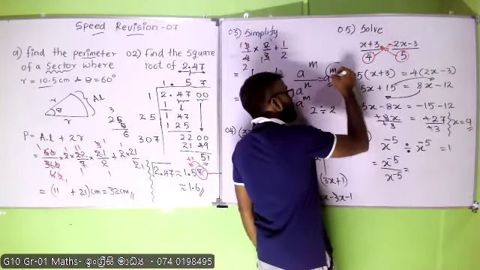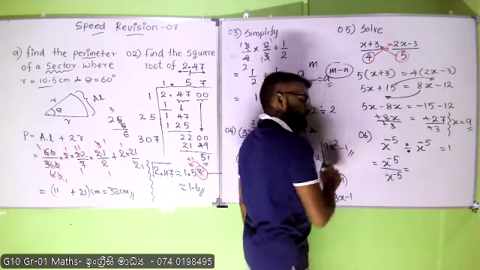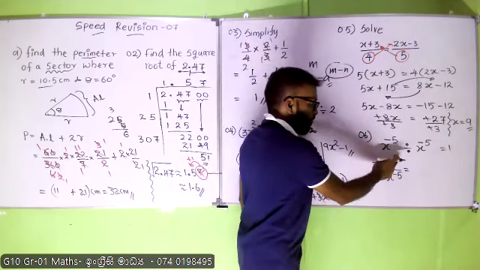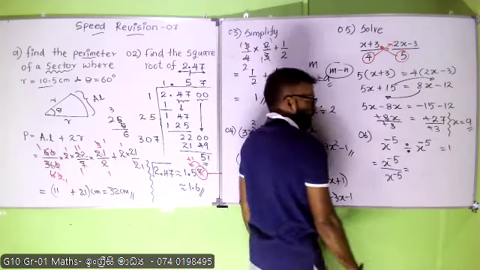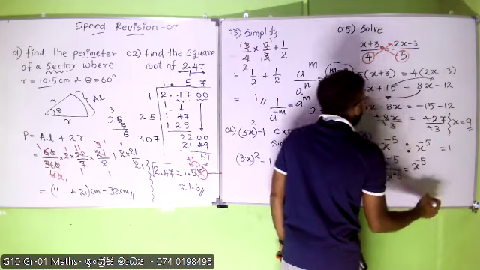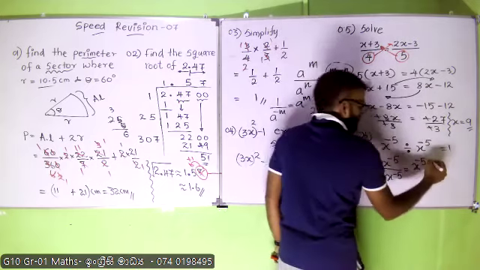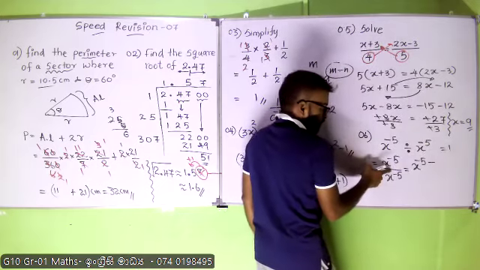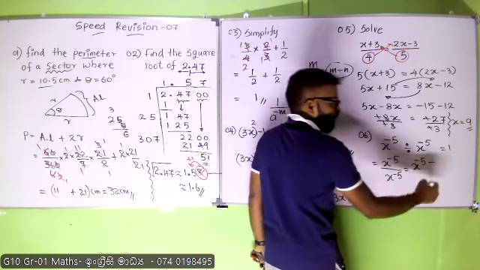If you use this, these are negative powers, negative 5, negative 5, right? Same base, x, minus 5 minus minus 5.